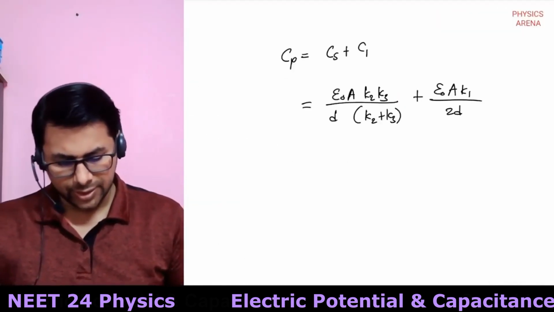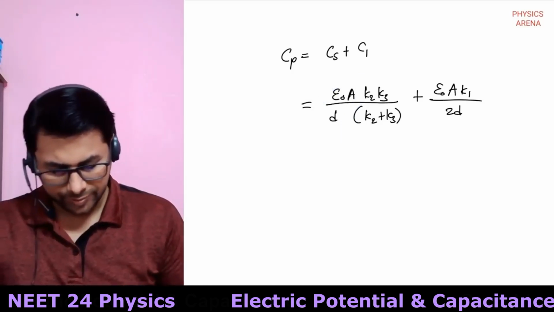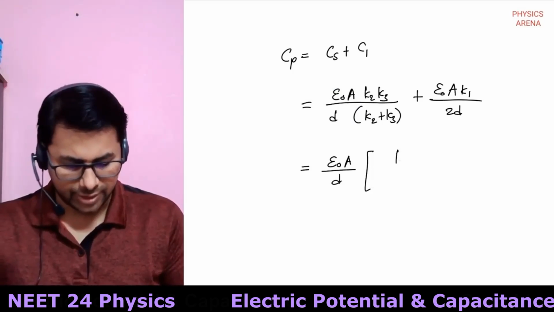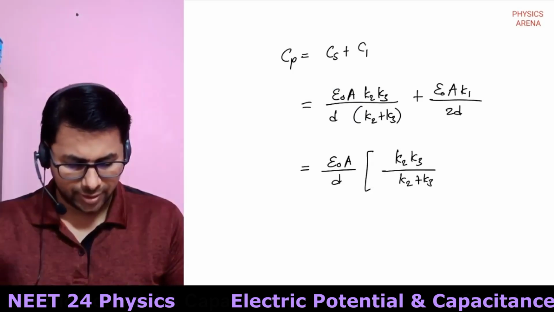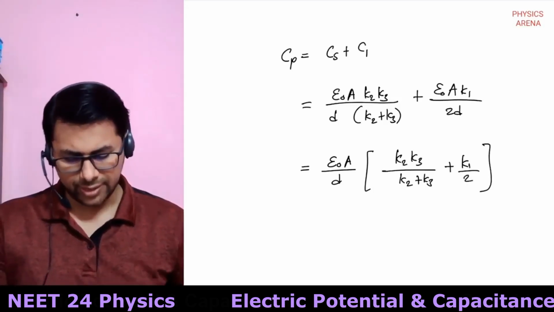You can take epsilon naught A by D common, then it is K2 K3 upon K2 plus K3 plus K1 upon 2. So this is the answer.